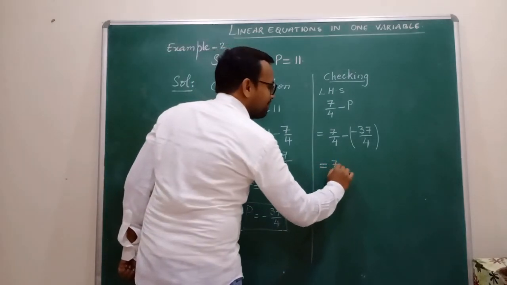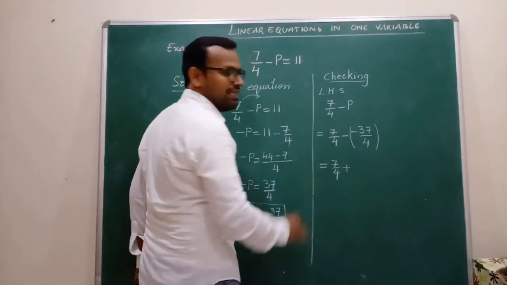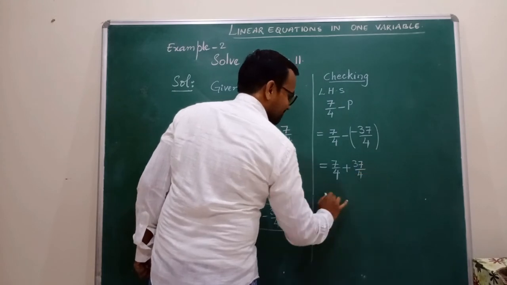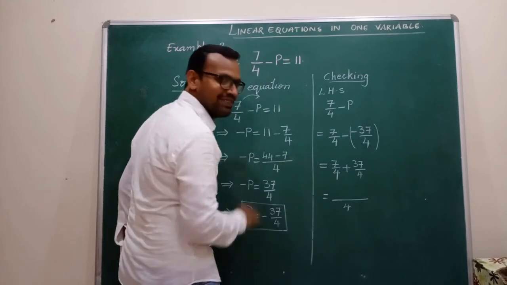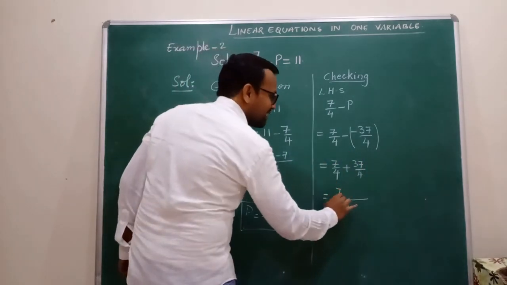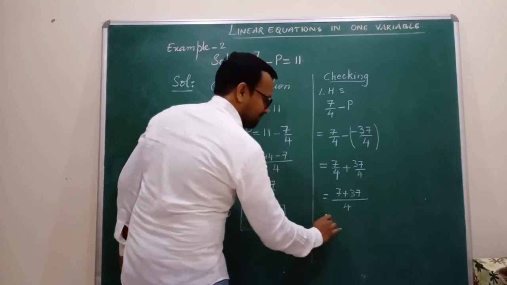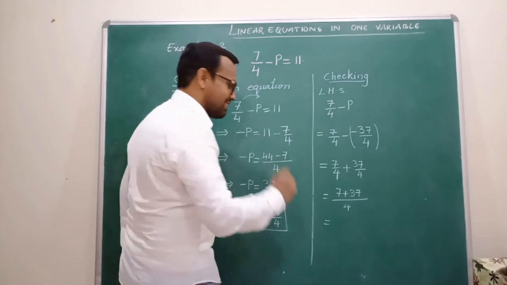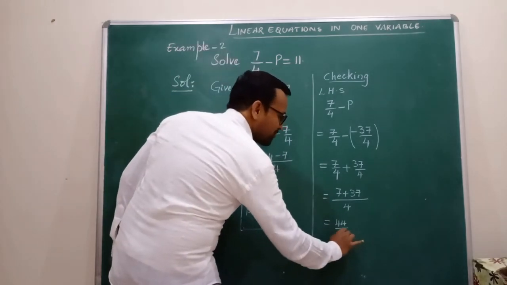Now 7 by 4 minus into minus, plus 37 by 4. Now what is the LCM? 4, same, isn't it? So same numerators we get. 7 plus 37 is, yes, 44 by 4.